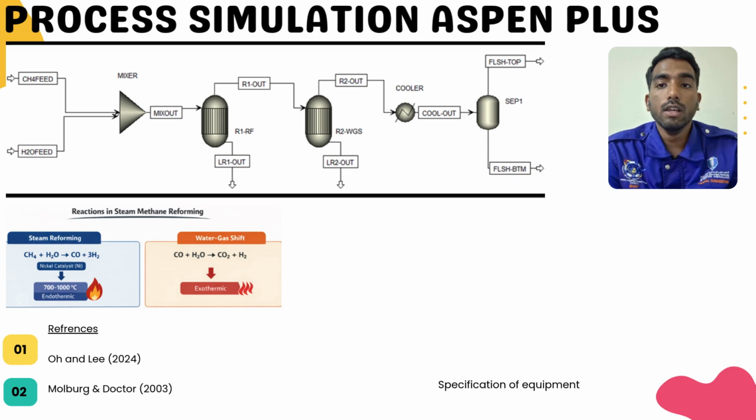Soave-Redlich-Kwong. This model accurately represents gas mixtures containing CH4, H2, CO, CO2 and H2O, the same components involved in both steam reforming and water gas shift reaction. It was chosen because it performs well under high temperature, high pressure, non-polar gas systems, which is exactly the condition of SMR and WGS.